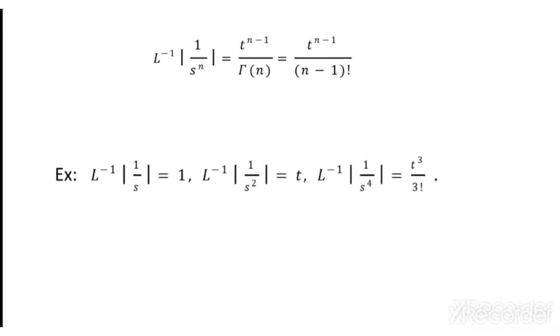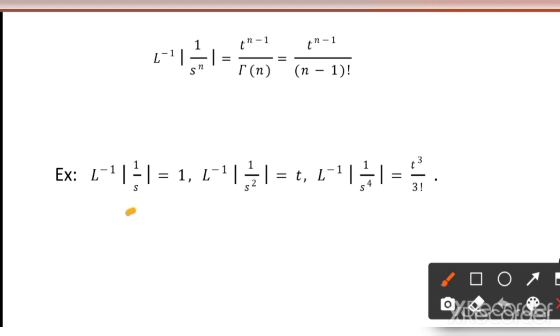We have some examples of how we can use this. If it is L inverse of 1 over s, identify n: n is here 1, s power 1. So the result t power n minus 1 becomes t power 1 minus 1, t power 0 by 0 factorial, which is obviously 1.